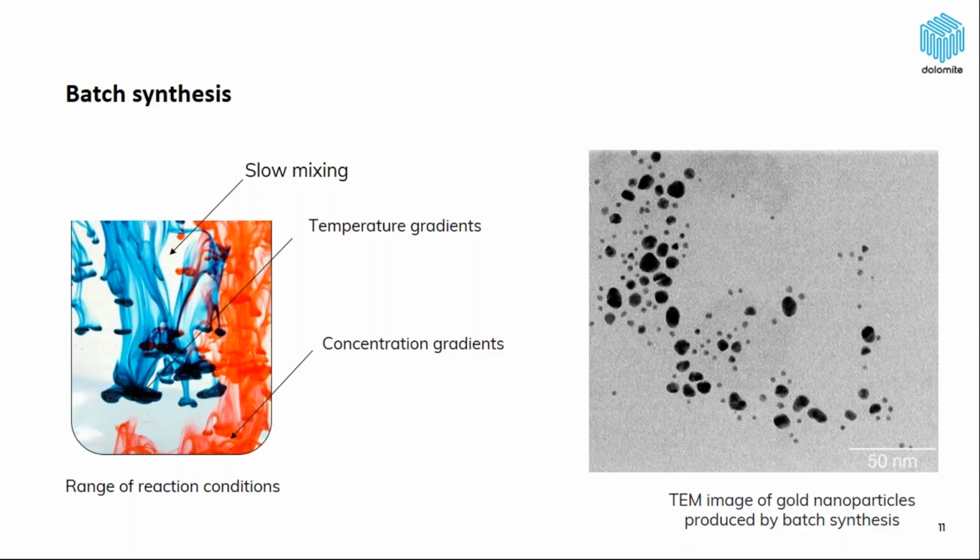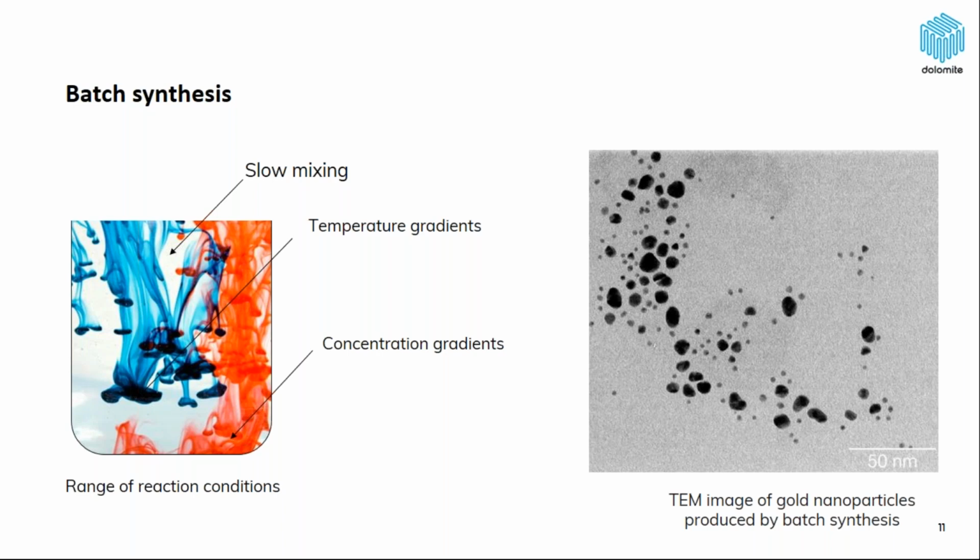So let's look at ways of making PLGA nanoparticles. First of all, let me illustrate why continuous flow is a much better technique for making nanoparticles using this example of gold, and this is something we've done at the very early stages. When you're doing nanoparticle synthesis in batch, or any other synthesis for that matter, the same set of problems persist.